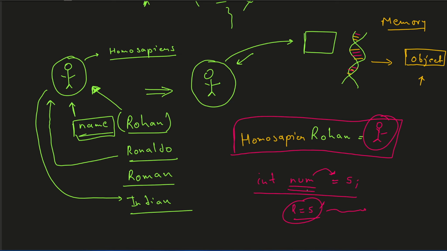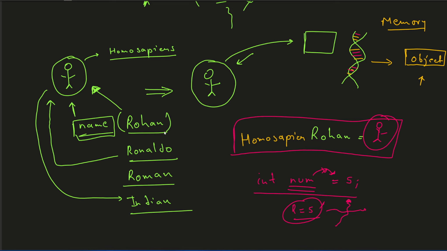But if you have eliminated the reference, sometimes the system tries to avoid recreation of the thing to avoid resource consumption. We're not getting into that part too much. So Homo sapien is Rohan. That's somewhat what we did with int num equals 5. There could be multiple references to the same object, and that's fine.